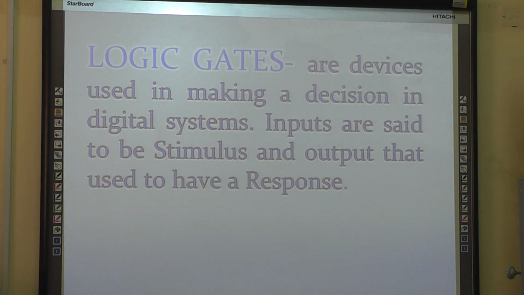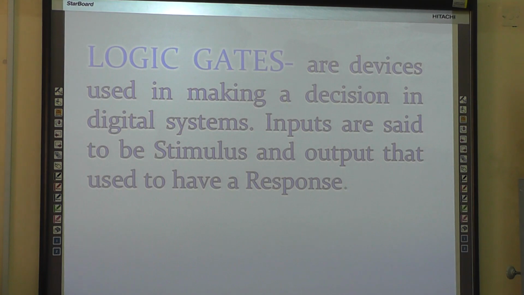A logic gate is a building block of a digital circuit. Most logic gates have two inputs or more, and one output, and are based on Boolean algebra. Later on, we will discuss the Boolean algebra, which may help us in discussing these logic gates.